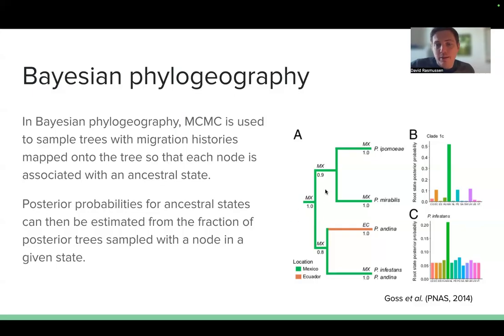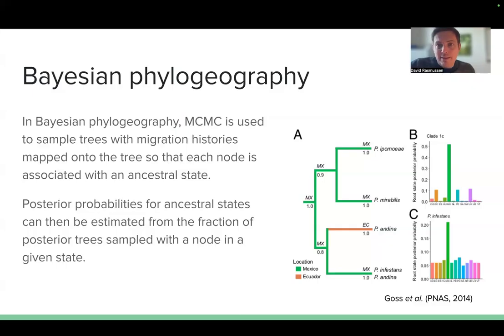So for any given node in the tree, we can look at how many trees we sampled where that node was in that particular state. And that proportion of time that that node was reconstructed to be in a given state will be proportional to the posterior probability of that node being in that state.